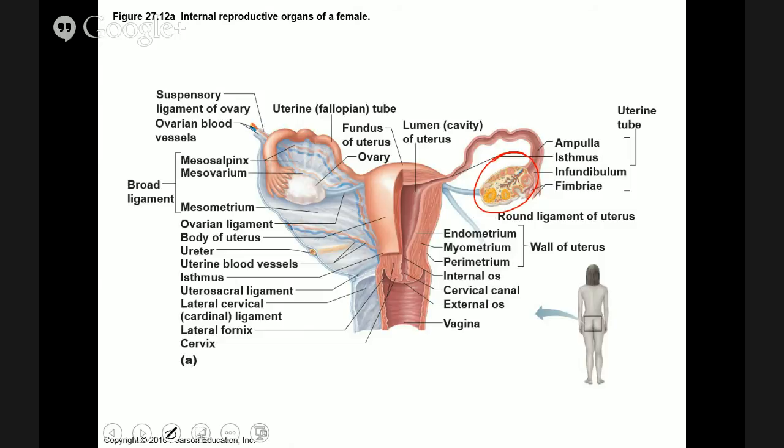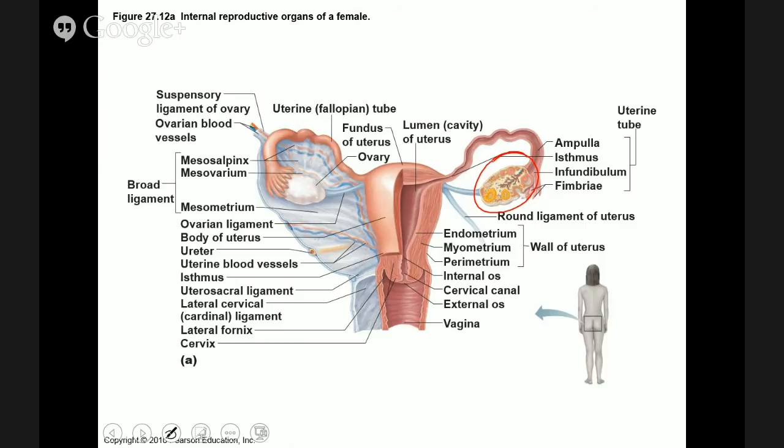Now, there's a difference between the males and the females as far as these structures. The males don't produce sperm until they reach sexual maturity, so until they reach puberty, and they'll continue to produce sperm essentially on demand from that point forward.